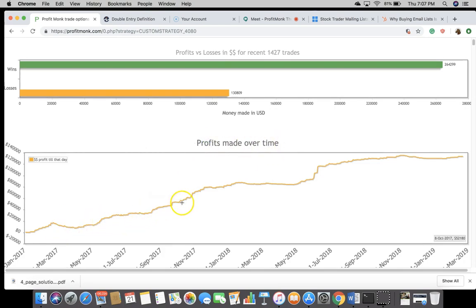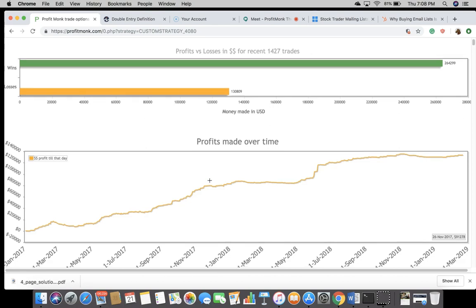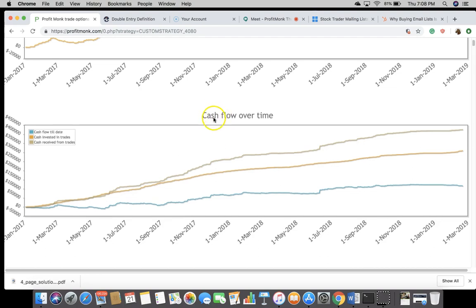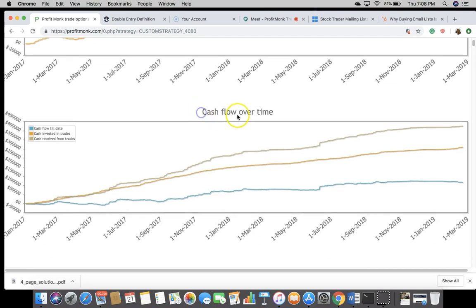It tells you that for all the trades bought before a given date, what is the cumulative profit till that point. But the question is how much money you would have had to invest, or what would your cash flow have been. So we introduced another graph here, which is cash flow over time.